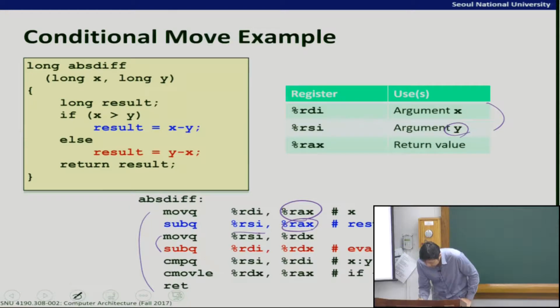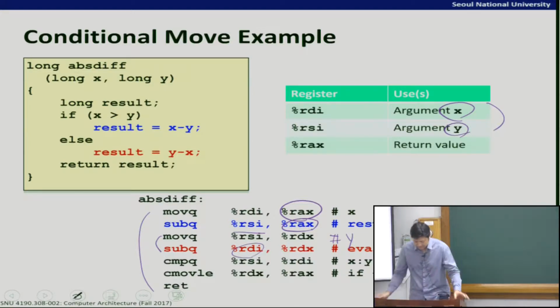You copy the value of RSI, which holds x, to RDX, and then you subtract the value of RDI, which holds y, so you compute y minus x. So regardless of the condition, you compute both return values, x minus y and y minus x. And then here is the interesting part.